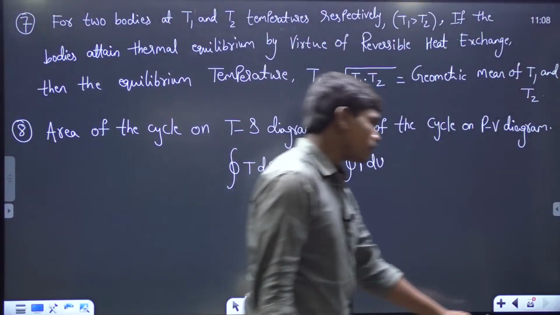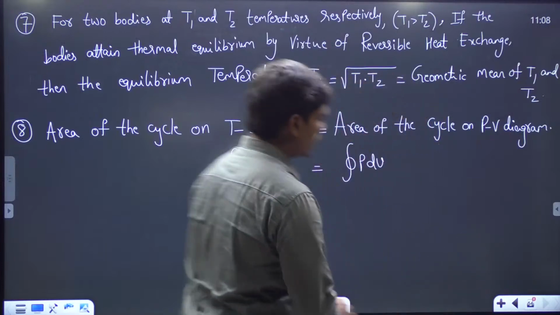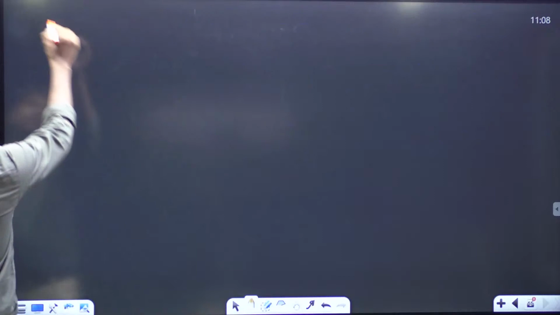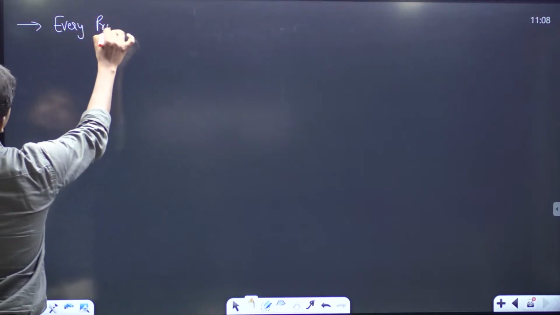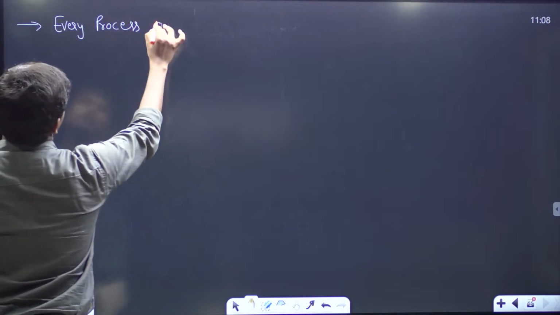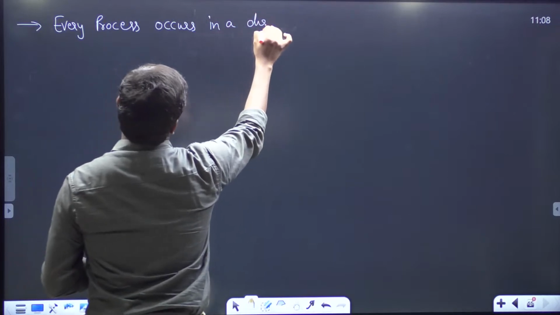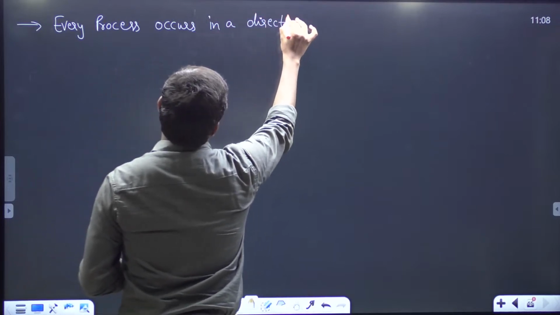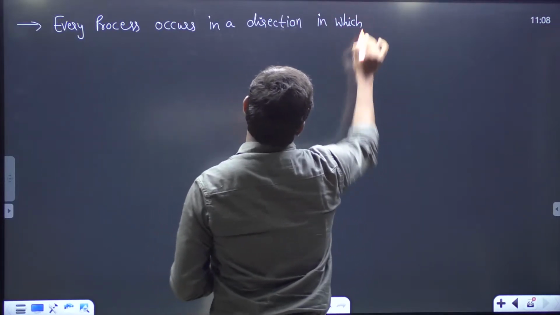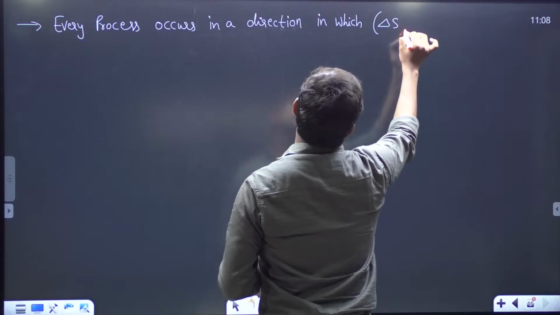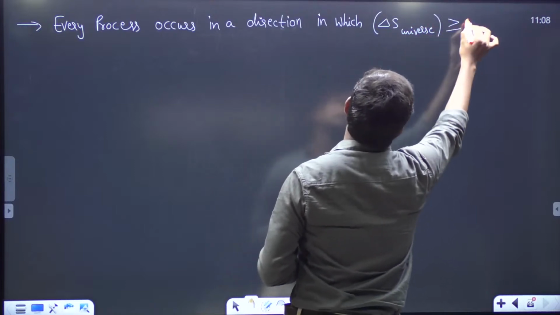Now please try to tell me one thing. Last one point in this chapter, so please see. If I ask you, every process in nature occurs in a direction in which delta S of universe is greater than or equal to 0.